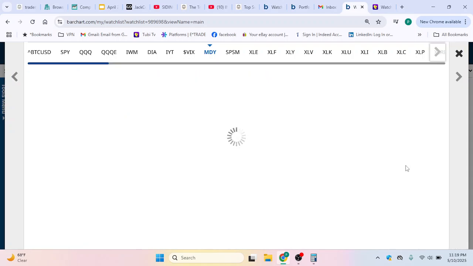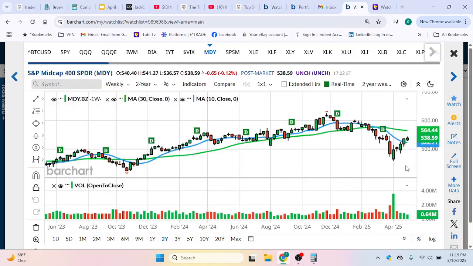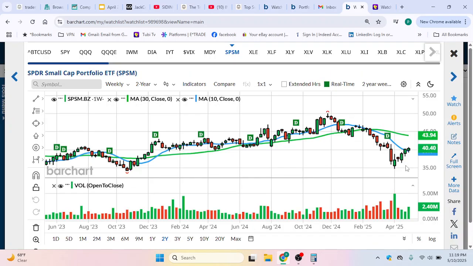And we can see the same picture in mid-cap stocks and in small-cap stocks. This rally over the last 3 to 4 weeks is based on the fact that fear has subsided. Now people are willing to take more risk than they were a month or 2 months ago. That's what's going on.